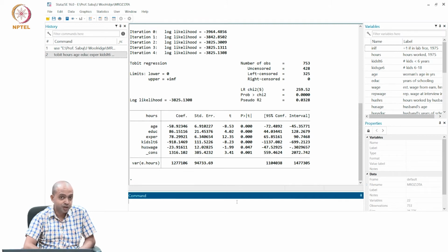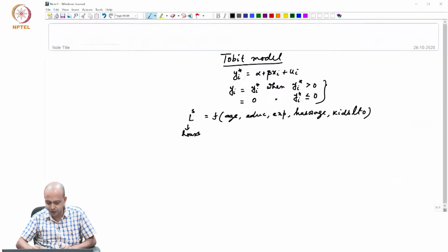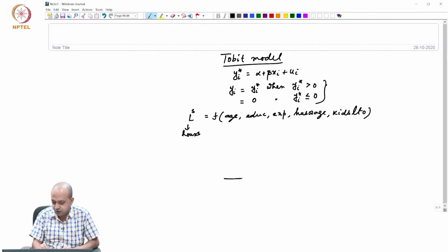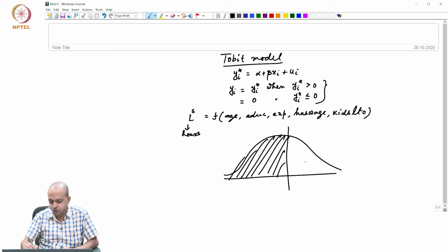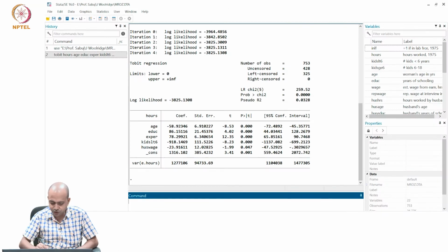That means, in terms of a simple diagram, this is your censored part, this is your uncensored part, and the total number of observations is 753 and here it is 428.